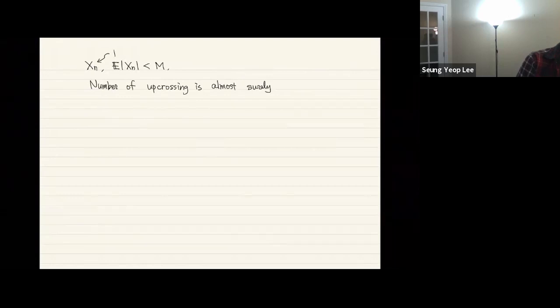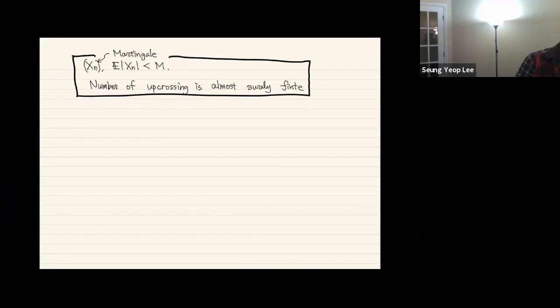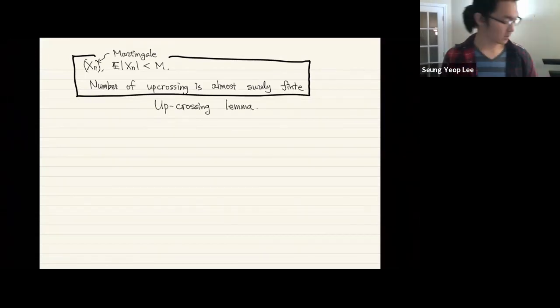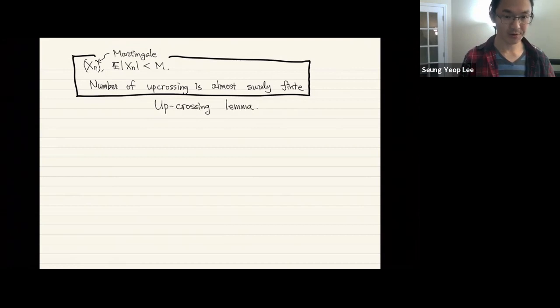So this is the upcrossing lemma, which we will need for proving the martingale convergence theorem.